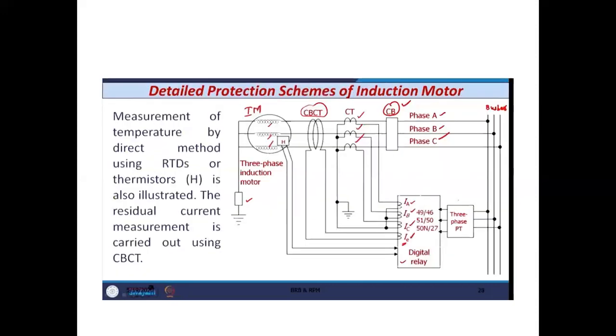If I draw the detailed protection scheme of the induction motor, you can see it in this figure. This is the bus bar, and along with this bus bar we have three phases: phase A, phase B, and phase C, along with the circuit breaker on each phase.